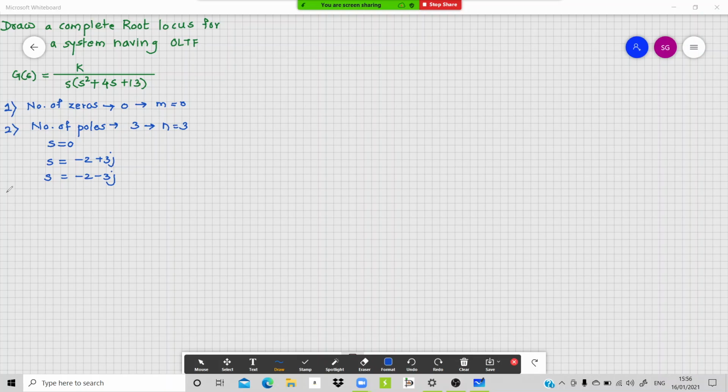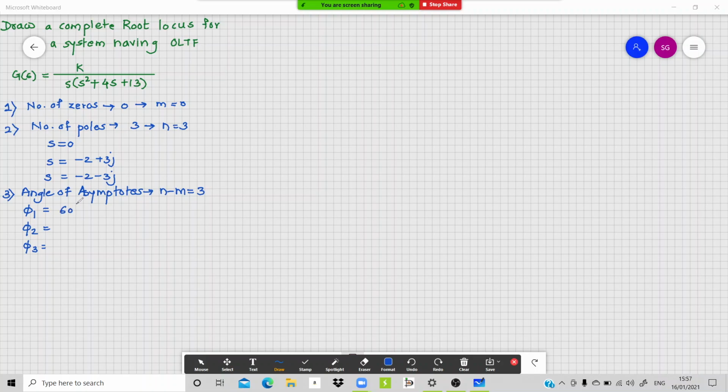Then the third thing is the angle of asymptote. Now the angle of asymptotes will depend upon, just now I have told you, n minus m, and n minus m is 3. That means you are going to have phi 1, phi 2 and phi 3. You use the formula which I have given in the list and you will get it.